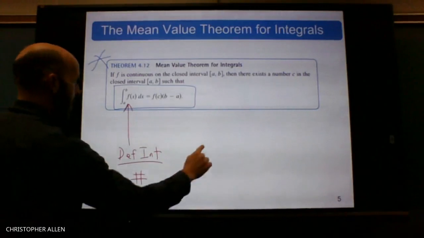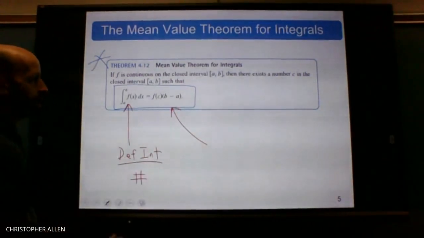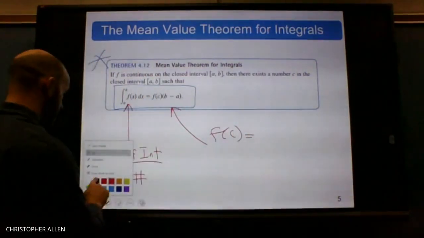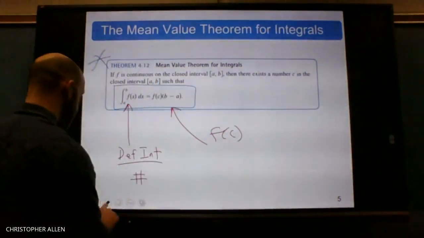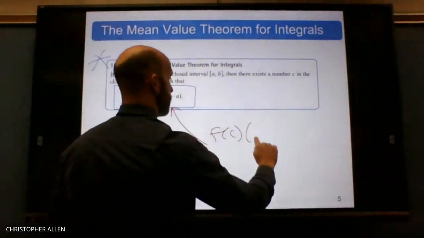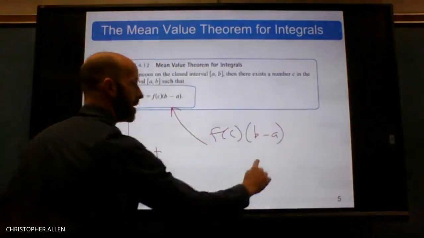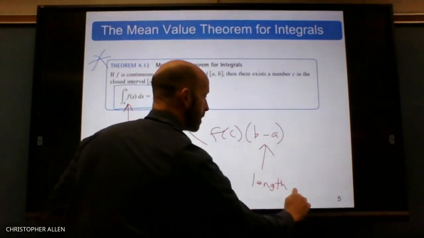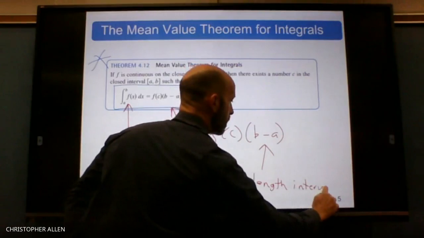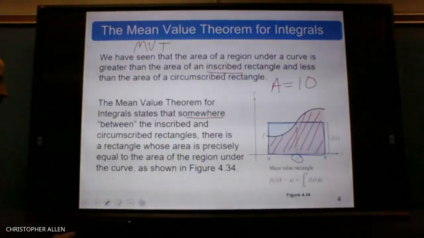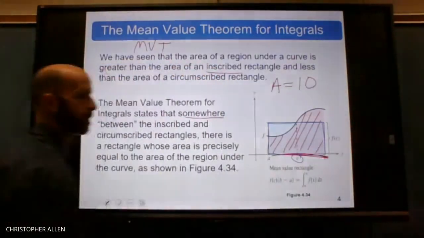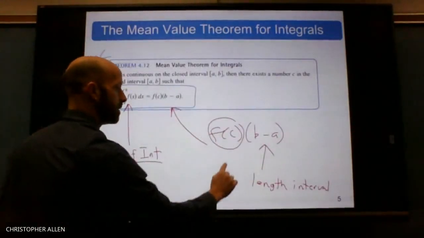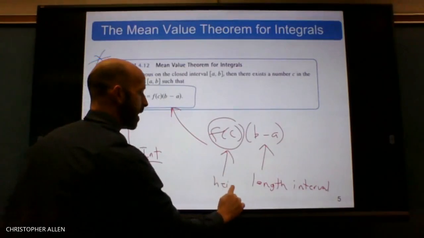On the right-hand side, notice that it says f of c times (b minus a). This is simply the length of the interval. It's this length right here. And guess what this is? That's the height of the rectangle.